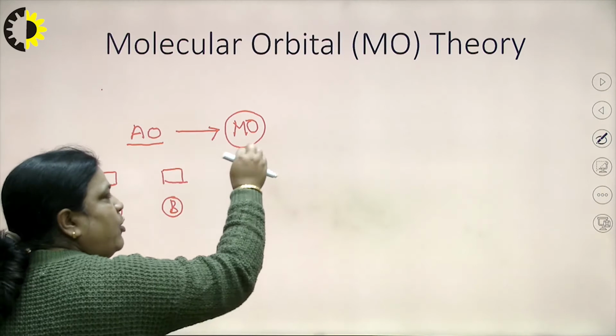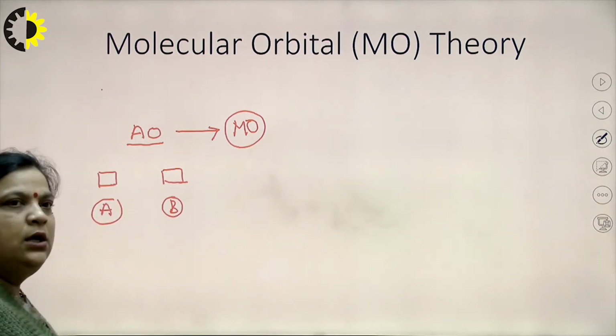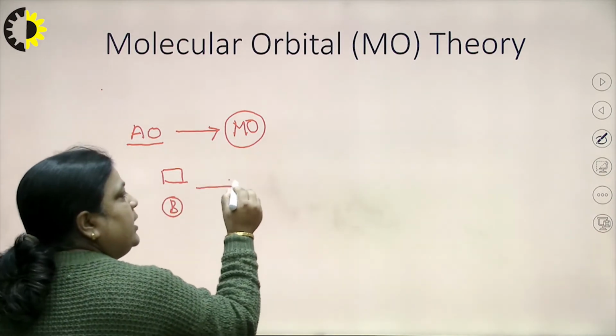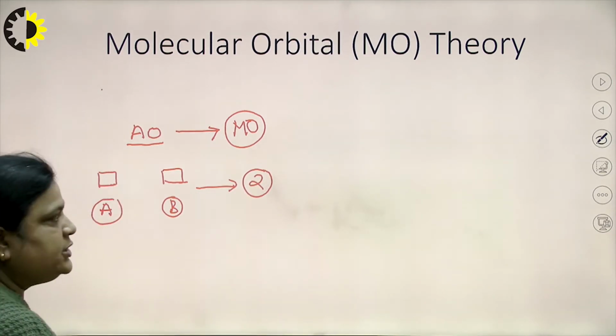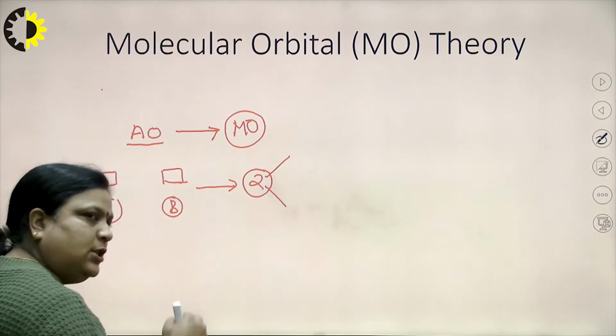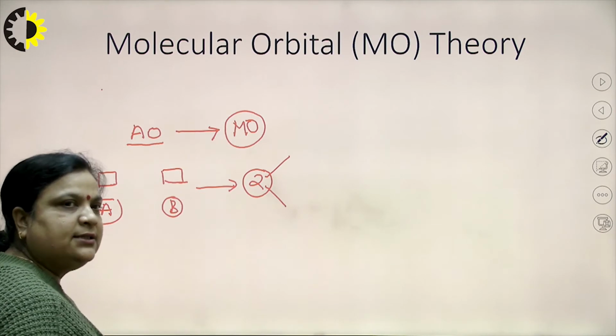The number of molecular orbitals is always equal to the number of atomic orbitals, that is 2 molecular orbitals get formed, in which half have lower energy and the other half have higher energy.